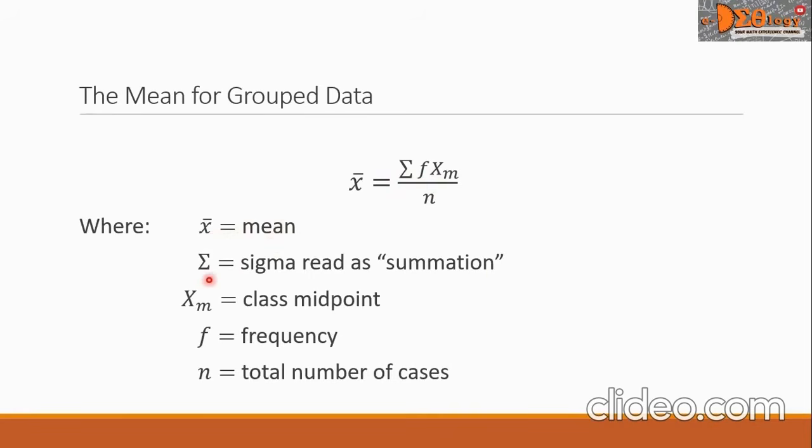The sigma symbol is read as summation, x sub m is the class midpoint, f is the frequency, and the n is the total number of cases. So this formula will be read as x bar equals summation of f times x sub m all over n. Let us see examples how this formula is used.